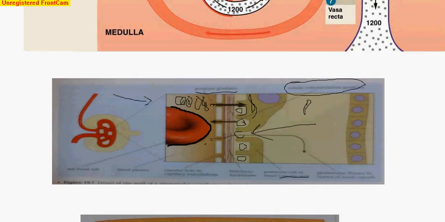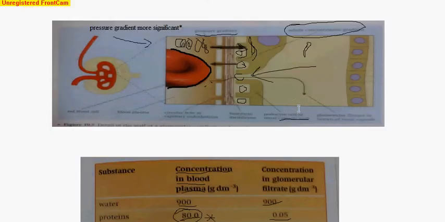So this pressure gradient is more significant, so we should write it very clearly here: pressure gradient more significant. You should note this very clearly. This pressure gradient is more significant. So that's why water moves to this side. So that's about water movement.